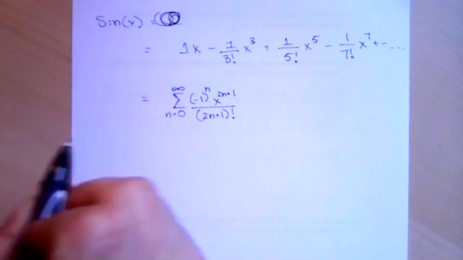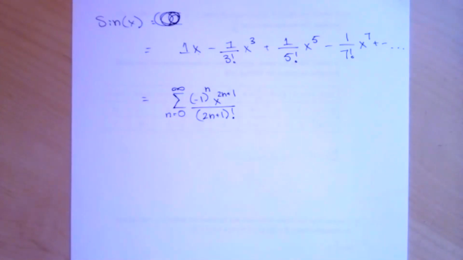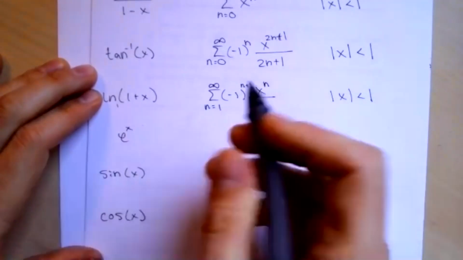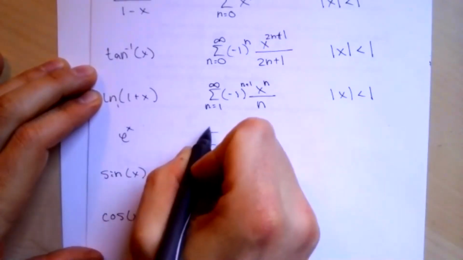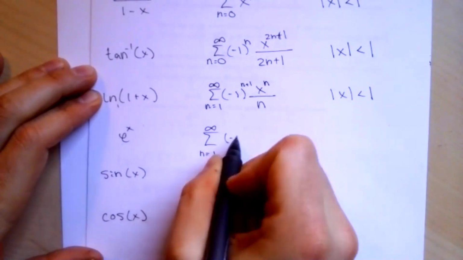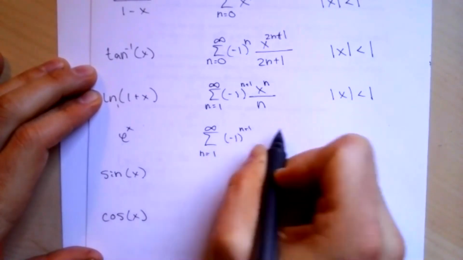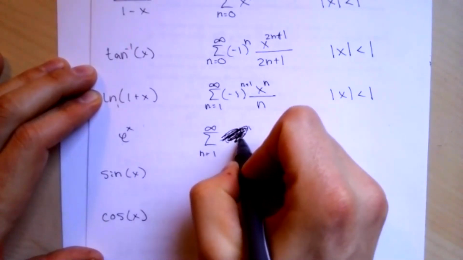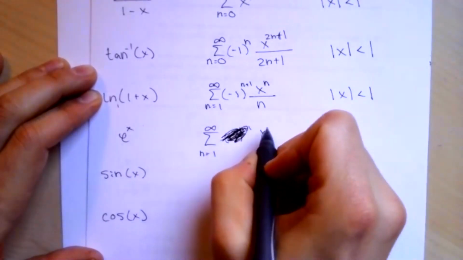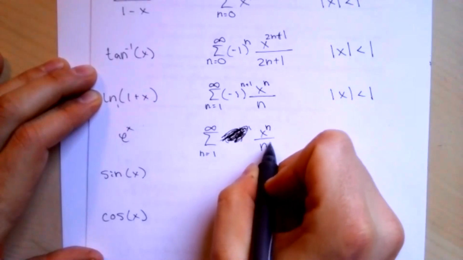So we've got our sine. Let's go ahead and fill that in on our sheet. Let's fill all of these in. So we have our e to the x is the sum of n equals 1 to infinity minus 1 to the n plus 1. Oh, sorry, I'm just copying the one above. My eyes are wandering. Just x to the n over n factorial.